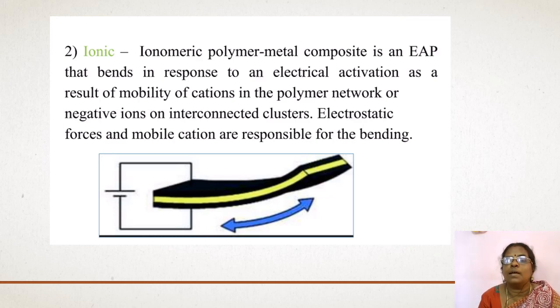When an electric field is applied, the ions move together to bend the material. In response to the current, they bend the material. Electrostatic force and mobile cations are responsible for the bending.